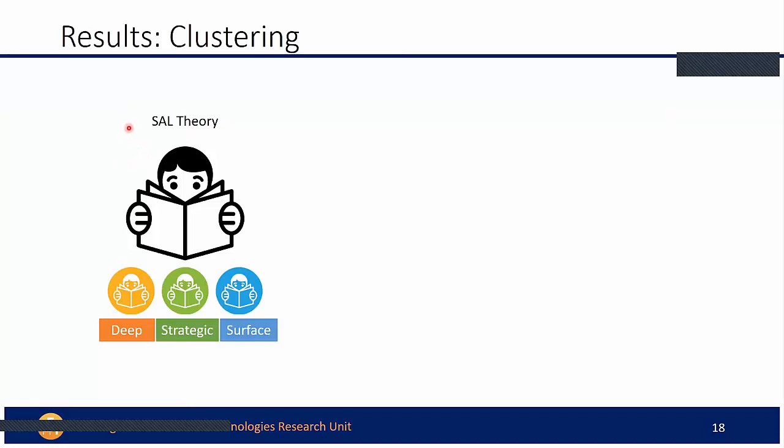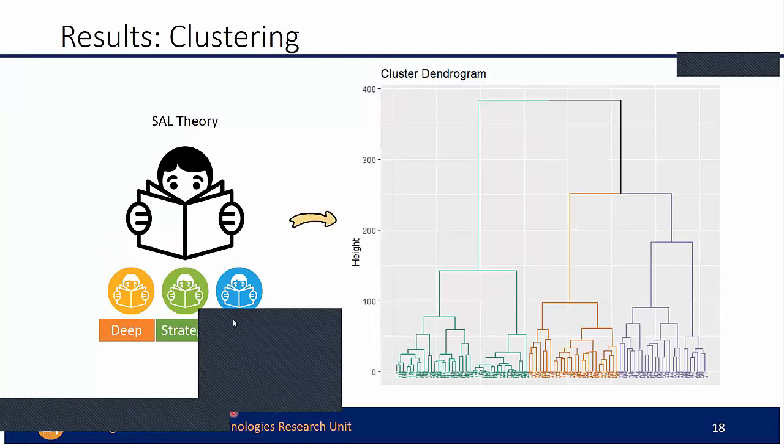Okay, so now I would like to talk about the results. For clustering, we decided the number of clusters by using the student approaches to learning theory. Based on this theory, we try to group students into 3 clusters.